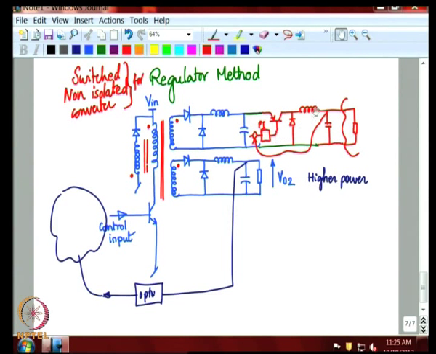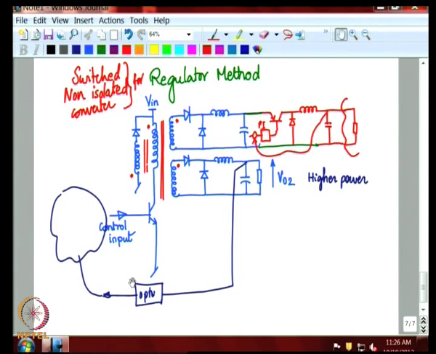Instead of the linear regulator, you can use a switched non-isolated topology like the buck or the boost or the buck-boost, depending upon the output that you would like to regulate here, and use that output voltage for a local feedback control loop, which will adjust the duty cycle of this switch here and give you a regulated output. The other winding, the high power winding, goes through in the same way as we had discussed till now.